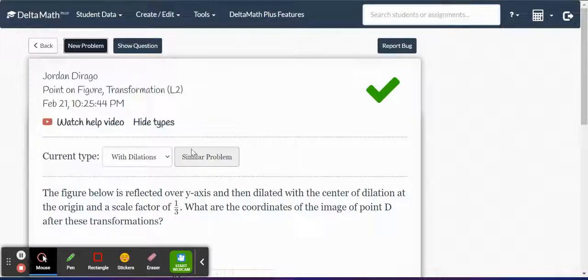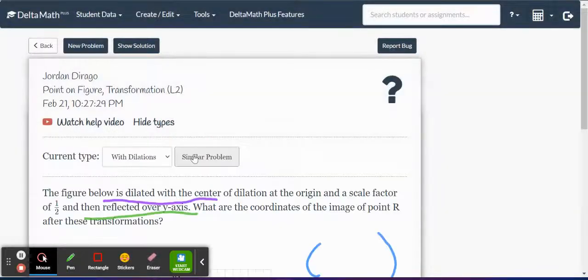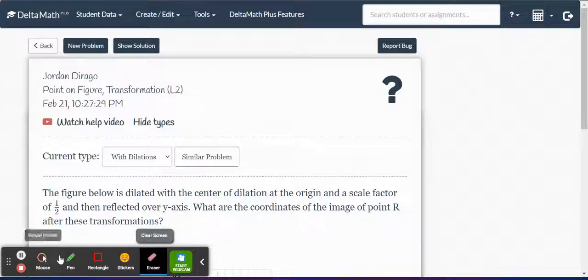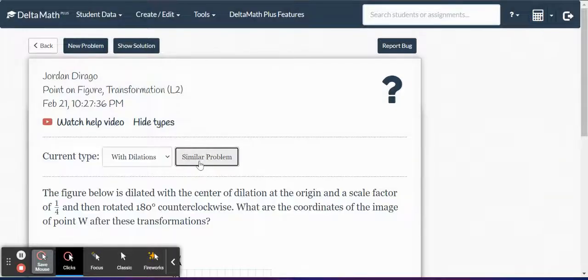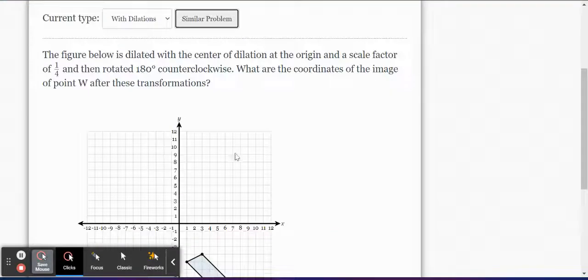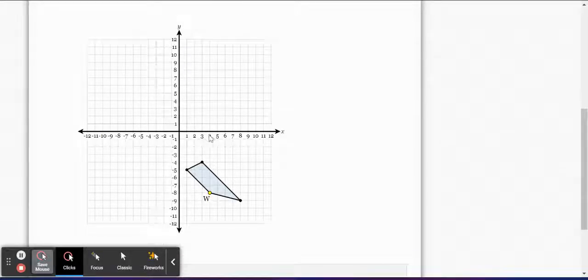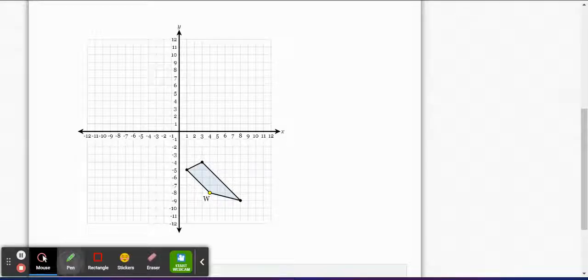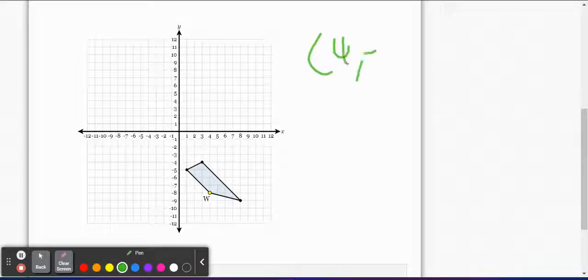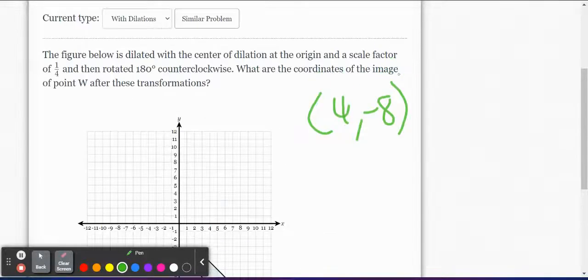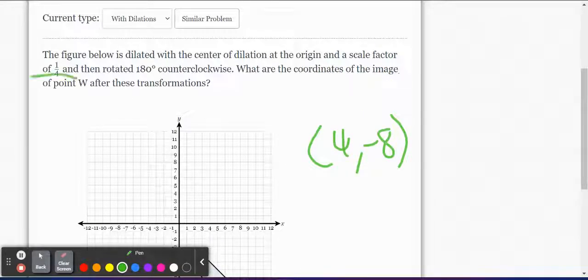All right. One more. Clear, clear, clear. I wish they gave a 90 in this one. Here we go. Okay. This one is dilated with a scale factor of 1/4, then rotated 180 degrees. So my point here is (4, -8). So (4, -8) is being scaled down by 1/4, right?